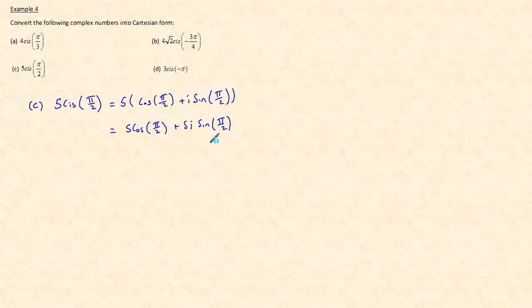Well, the sine of 90 degrees is 1 and the cos of 90 degrees is 0, so that's just going to be 5i. Let's think about an argument of pi by 2. So that's 90 degrees around from the positive real axis, which makes the number on the imaginary axis. So this makes sense.